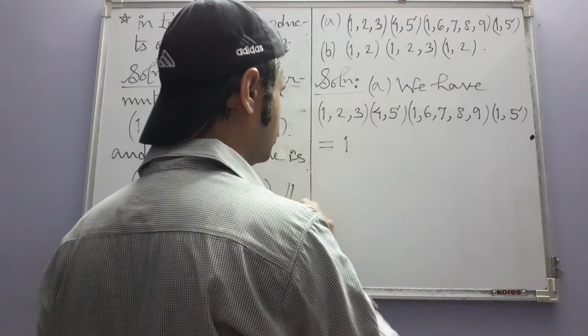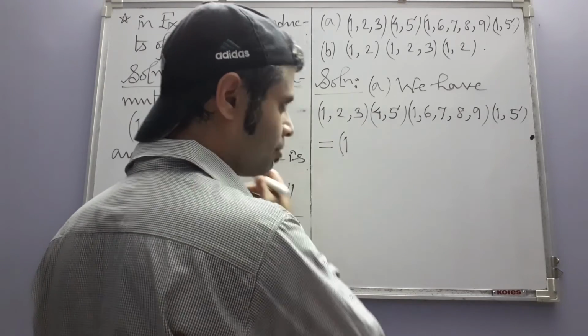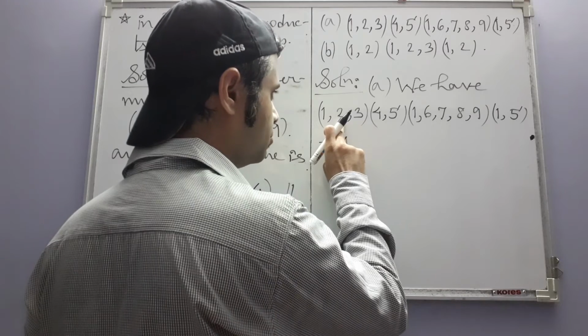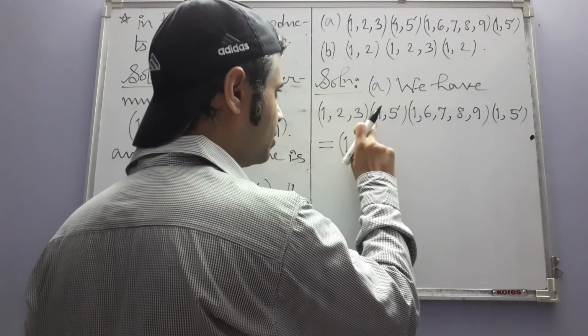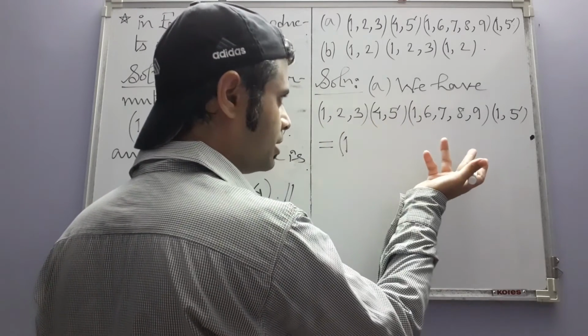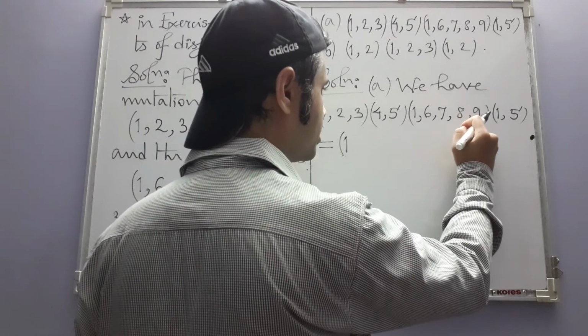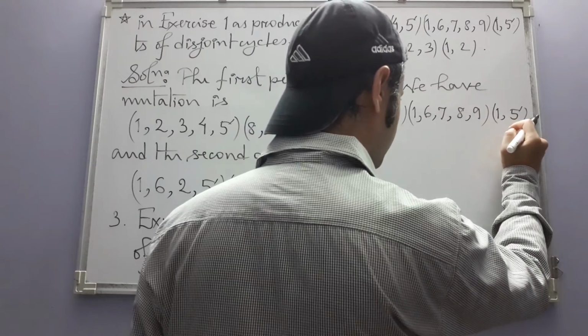Okay, so let us start. Without further ado, we start with 1. On 1 we apply this one, so it gives us 2. And then on that 2 we apply this, which does not do anything to 2. 2 stays 2. And then this one also does not change 2. And then this one also does not change 2.